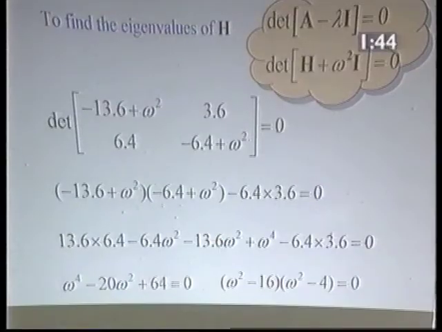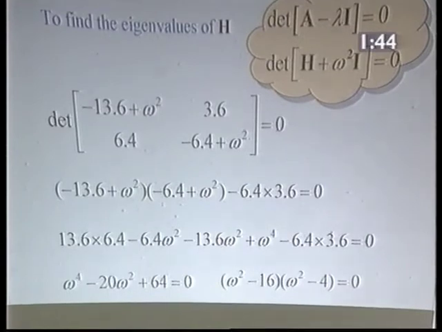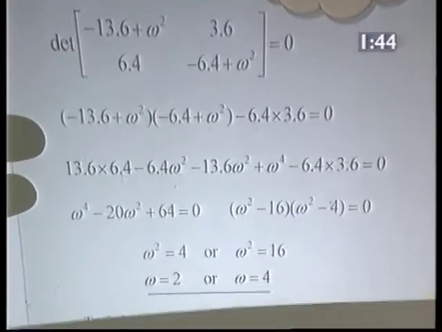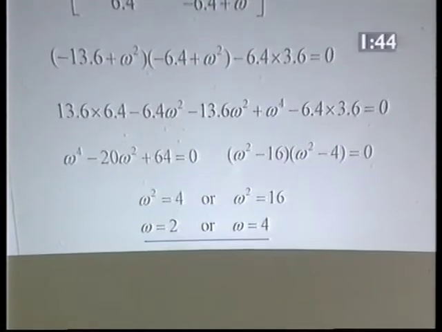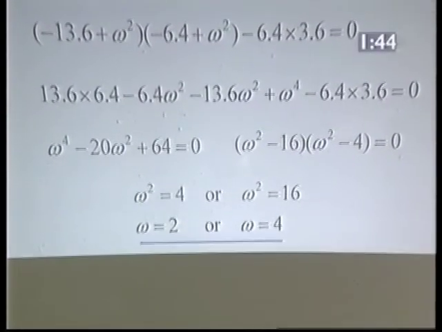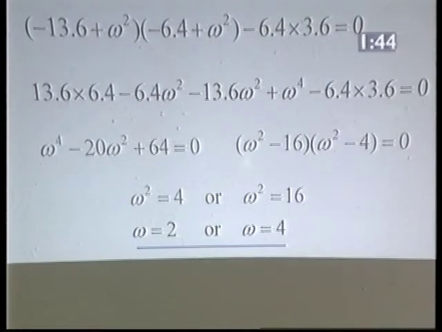Very clever, isn't she, Mrs. Macpherson? So this is a quadratic now in omega squared. It factorizes as 16 and 4, and that gives me values for omega squared as 4 and 16. And omega is positive, it's an angular frequency, so omega is 2 or 4.